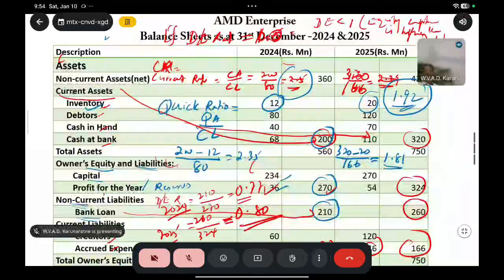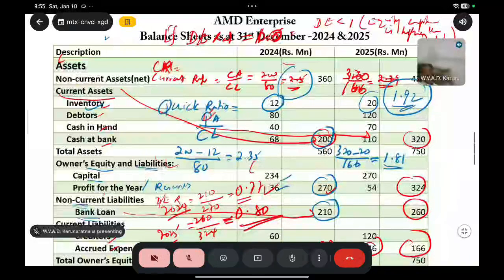In this case also, same. 0.7788 means we can see it is not an equally geared company, it is not a high geared company, it is a low geared company, right?